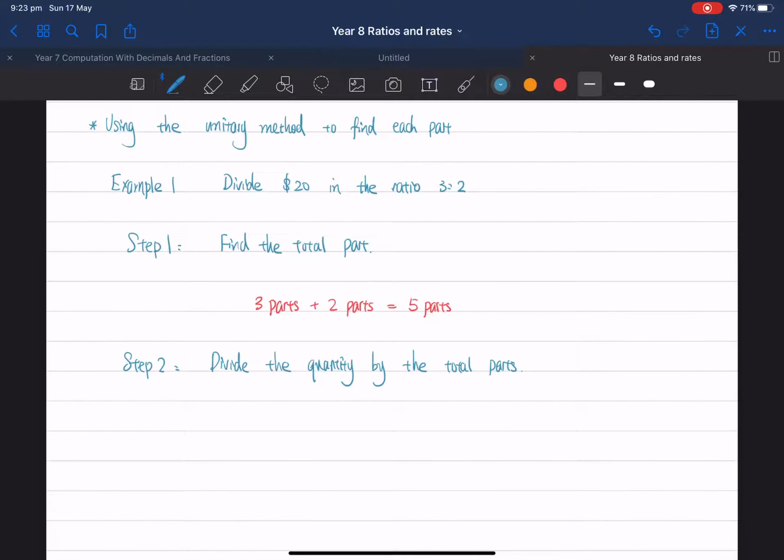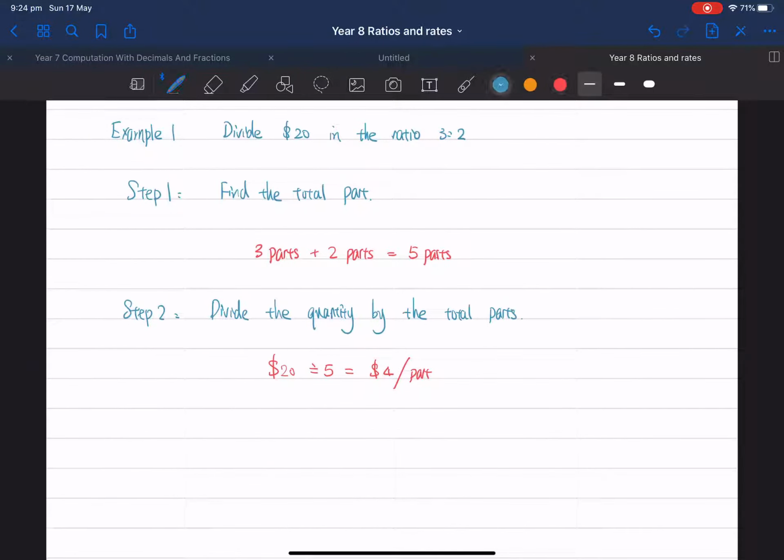In this case, we divide $20 by 5 parts. That means each part is equivalent to $4. That's the unitary method because we're finding each unit. Each part is $4.